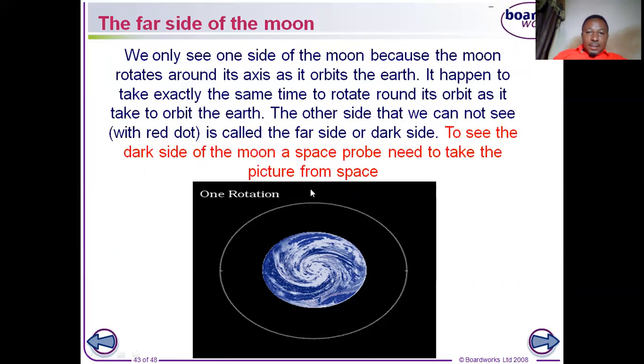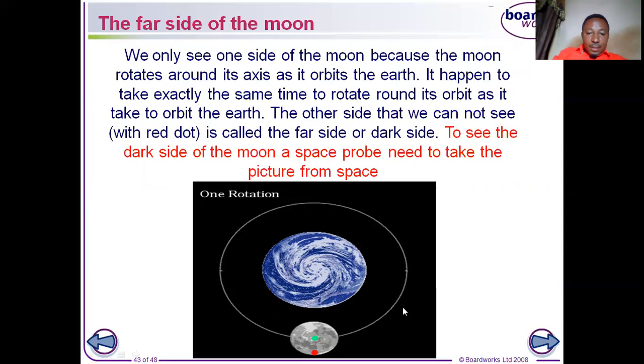The other side that we cannot see, with the red dot, is called the far side or the dark side. So for you to see the dark side, you need to take a picture from space, maybe the Hubble Space Telescope can help in that case. If there's any way you can get a picture of the other side from space, then you'll be able to see it.